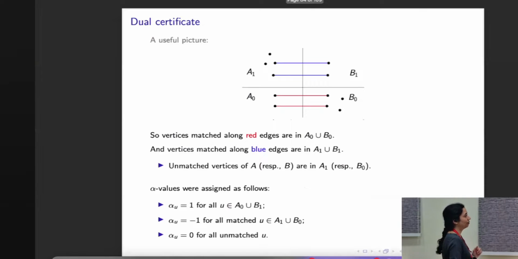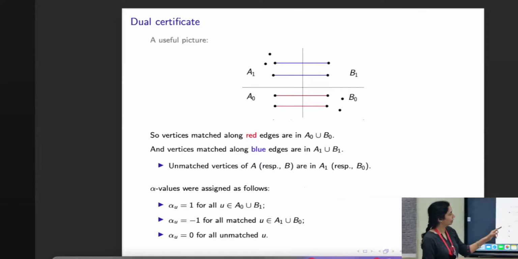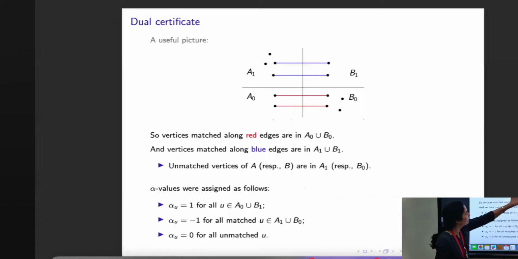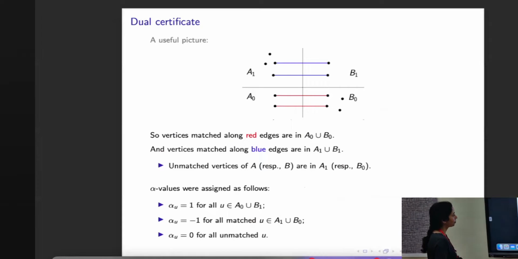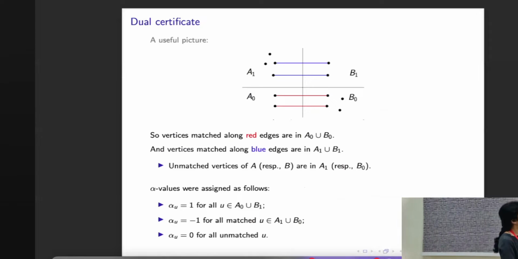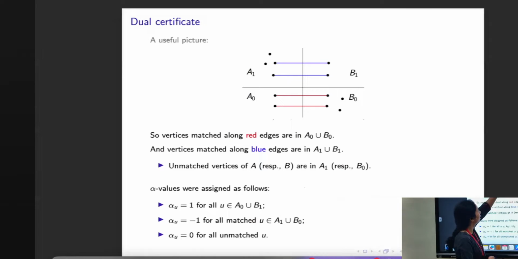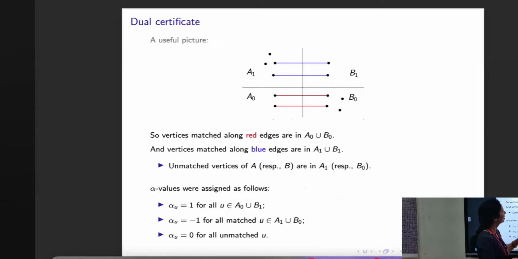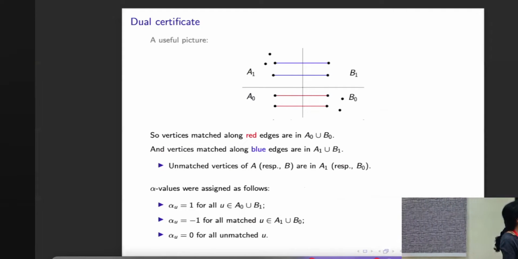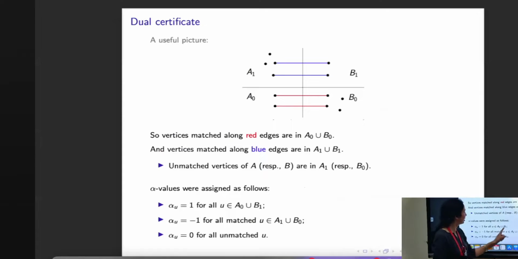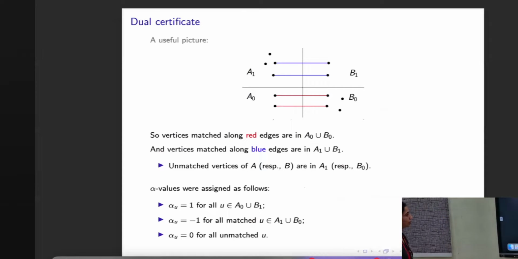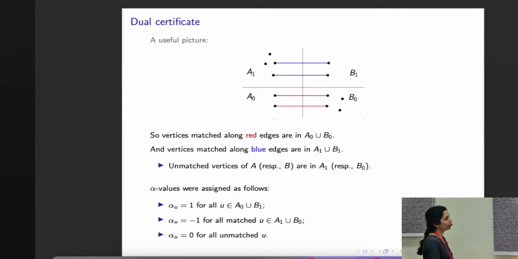And we assign the alpha values as follows. Alpha value is plus 1 for these vertices and plus 1 for these vertices. It's minus 1 for the vertices in the northwest and southeast, for matched vertices. For unmatched ones, they are 0. And for the southwest and northeast vertices, alpha values are always plus 1. They are always matched and it's plus 1.